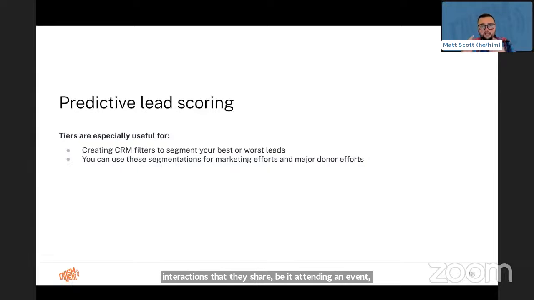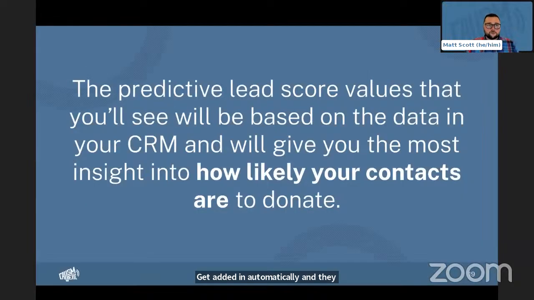All those things get added in automatically, and they get calculated so that your team doesn't have to. So you can use these calculations to have conversations across your fundraising and marketing teams about what's working to convert those leads.